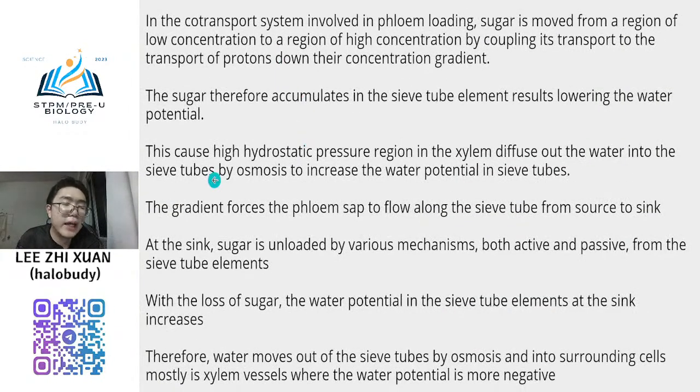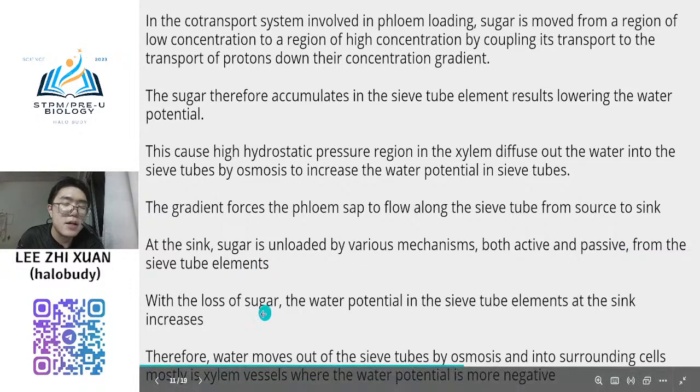So your hydrostatic pressure in the sieve tube near the source is very high, so it will force the phloem sap, your organic nutrient and your sucrose molecule, to flow along the sieve tube to the sink. So normally at the sink, your sugar will be unloaded by both active and passive transport from the sieve tube element. When your sugar is lost, your water potential will increase, so your water will diffuse back into the xylem vessel again.